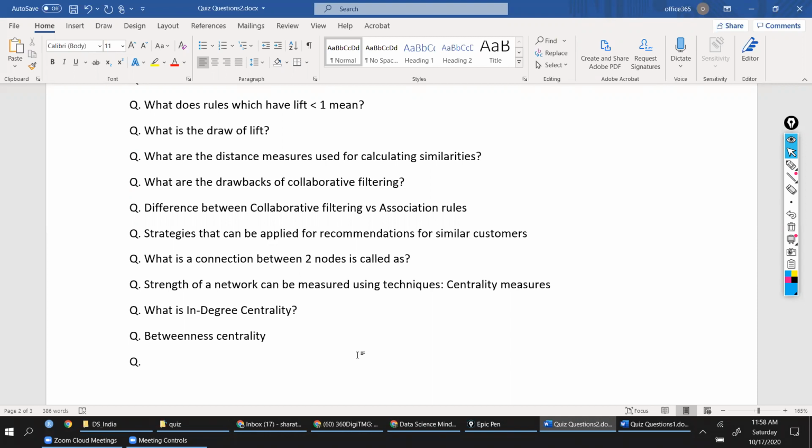Betweenness centrality is a measure which represents the node being in the center of the network. As the name suggests, it's betweenness centrality. So the node has more value if it is at the center of all the connections.